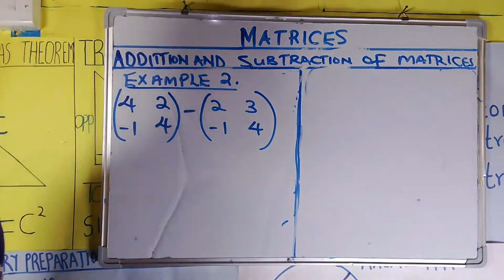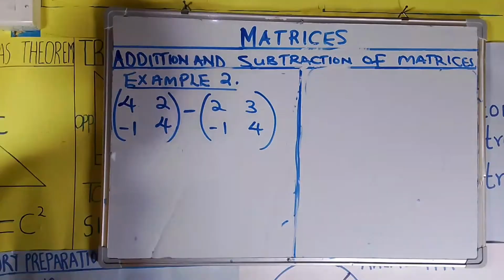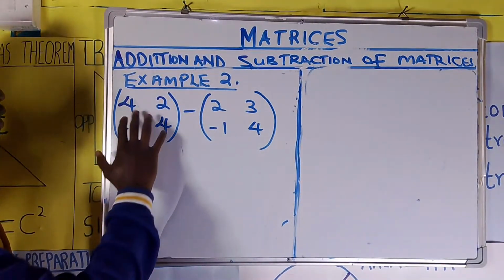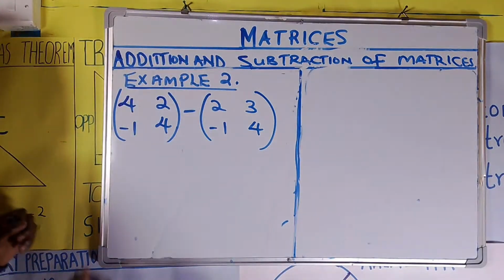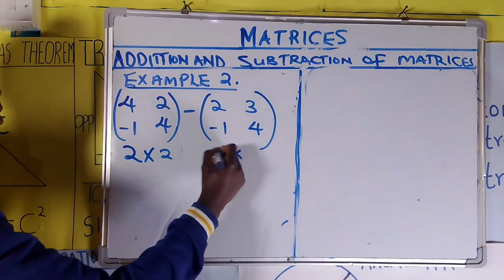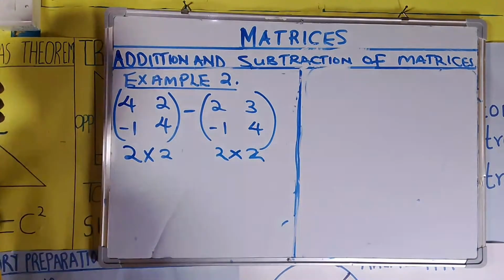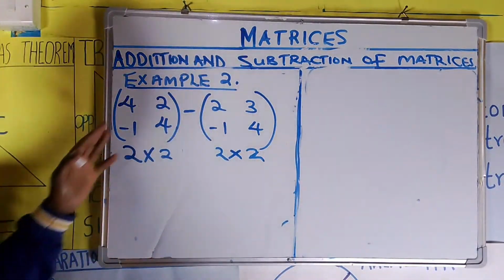I want us to subtract that matrix. And for us to subtract this matrix, we will check out on the order first. Let's first check out on the order. Our order is going to be 2 by 2 here and 2 by 2 here. So this order will make it possible for us to find the difference.